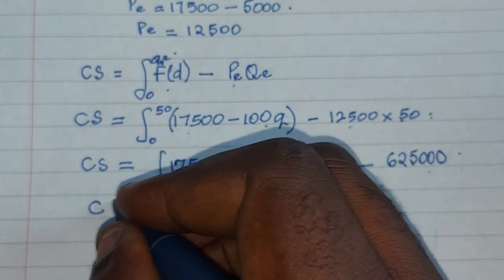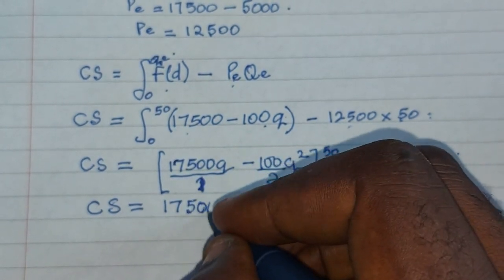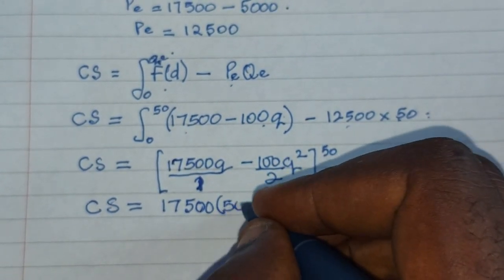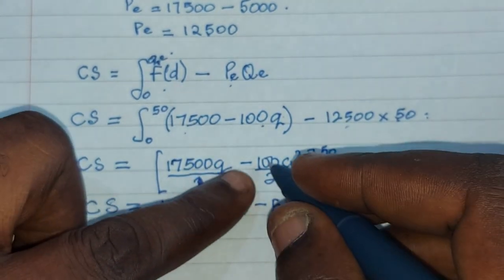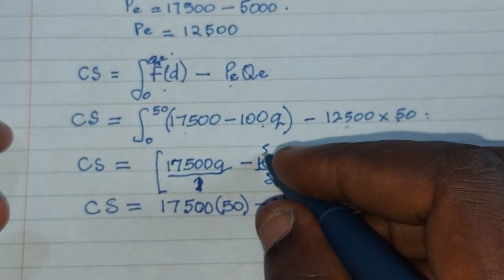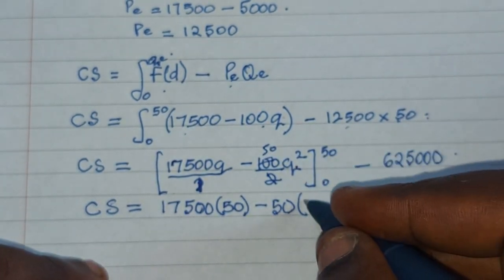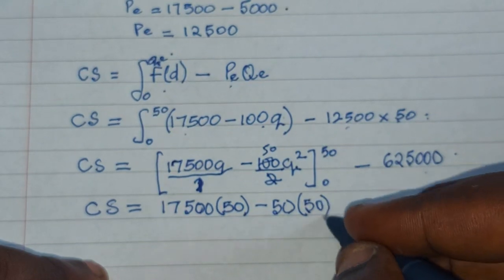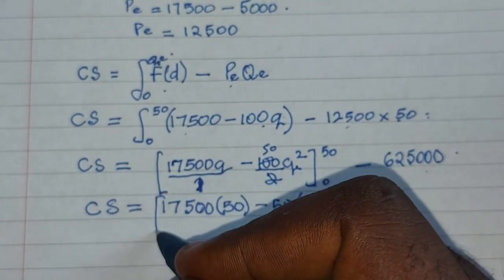We have CS equals 17,500 into bracket 50 minus 50 into bracket 50 squared. On a normal situation, we are supposed to do for 0.